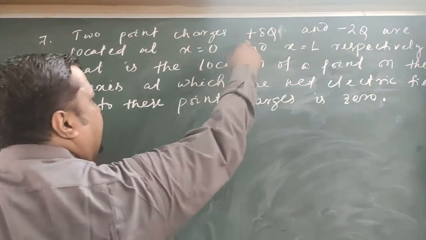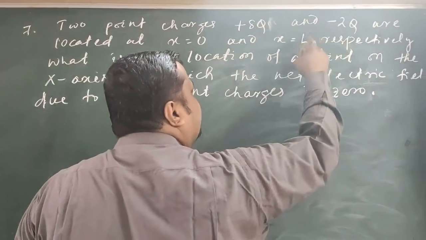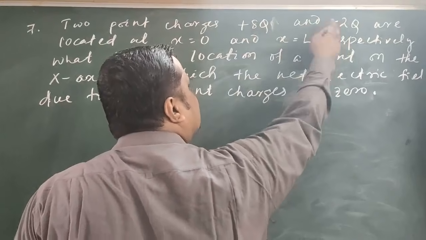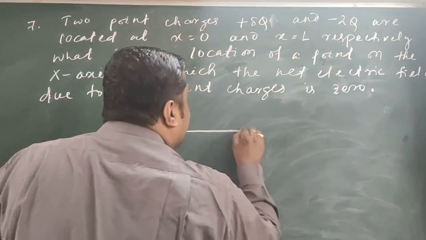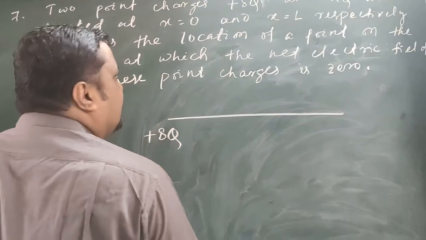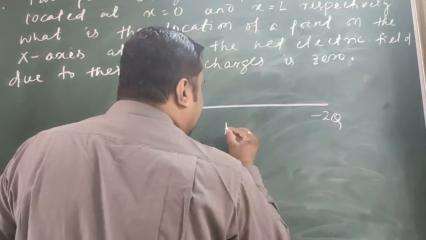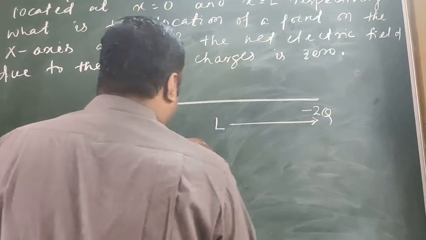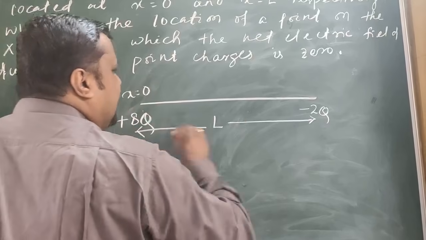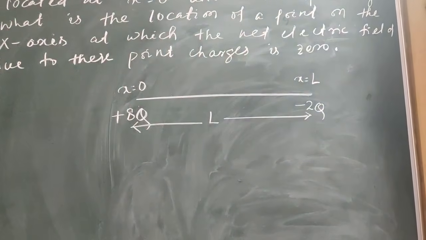That means plus 8Q is at x equal to 0, minus 2Q is at x equal to L. It means the separation between these two charges, plus 8Q and minus 2Q, is L. Because plus 8Q is at x equal to 0 and this one is at x equal to L. That is given.